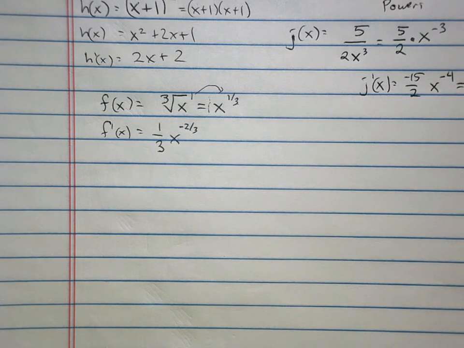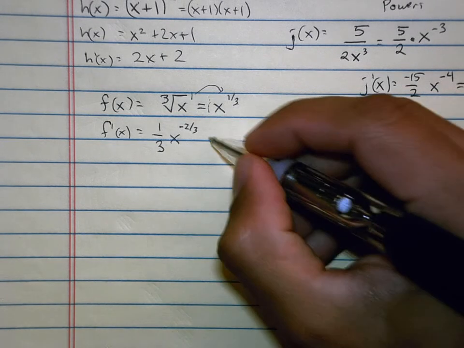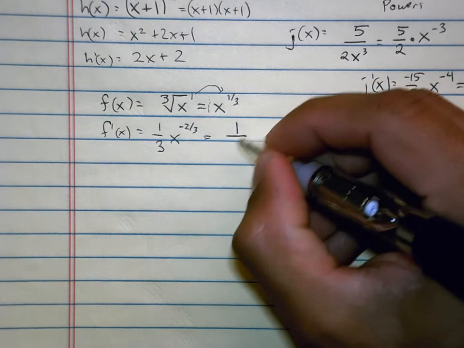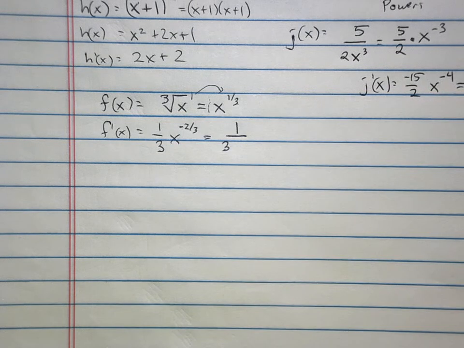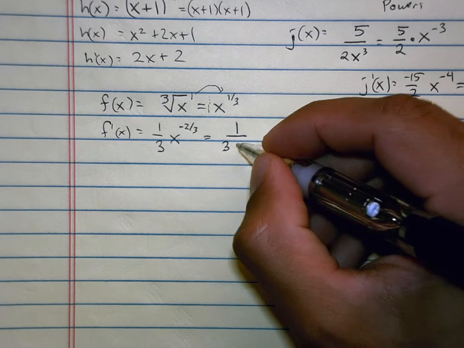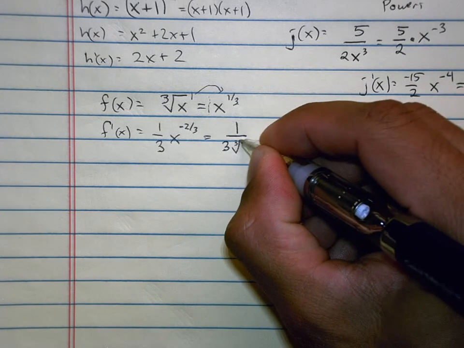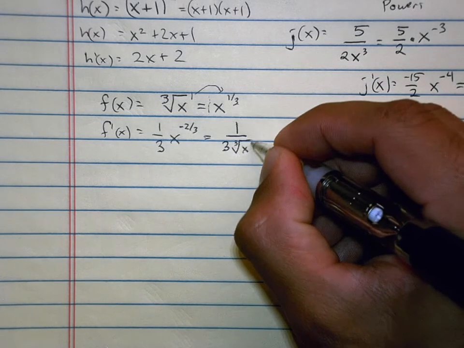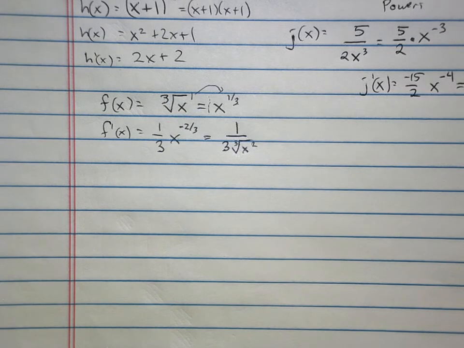Okay. So now we have this. Do I leave my answer with negative exponents? No. So my final answer would be 1/3, and I like to convert it back. You do not have to convert it back if you don't want to, but you can. 1/3 times the third root of x squared.